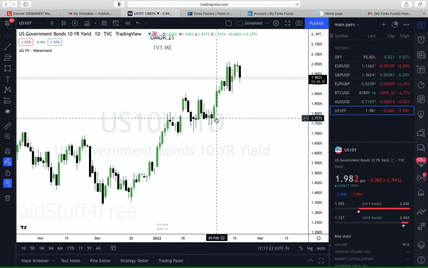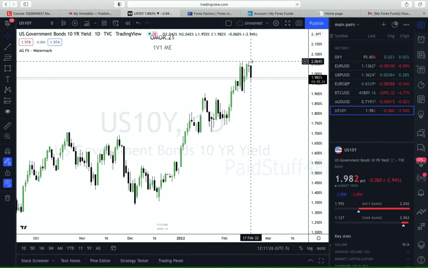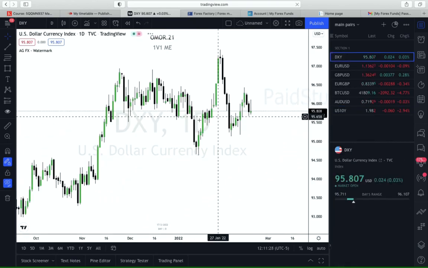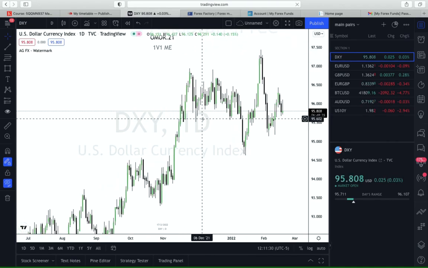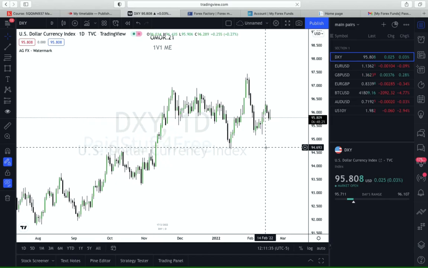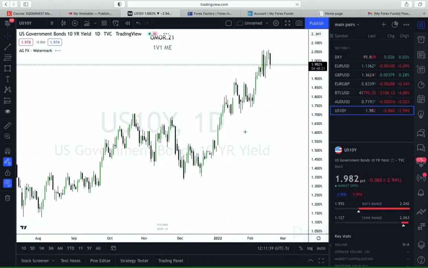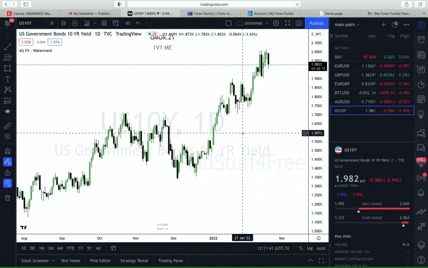So let's look at this graph on the daily, the US 10-year. Bullish move, DXY, bullish move. It's not 100% replicated. And this is the beauty of it. It's not 100% replicated. Yeah, so it's going up. US 10-year going up.